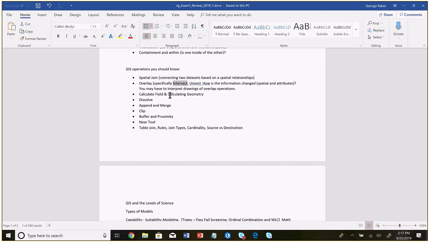I'm not going to say join because I think that might get you confused. It's not the same as a join, not at all. Dissolve, you put features together based on a common attribute.